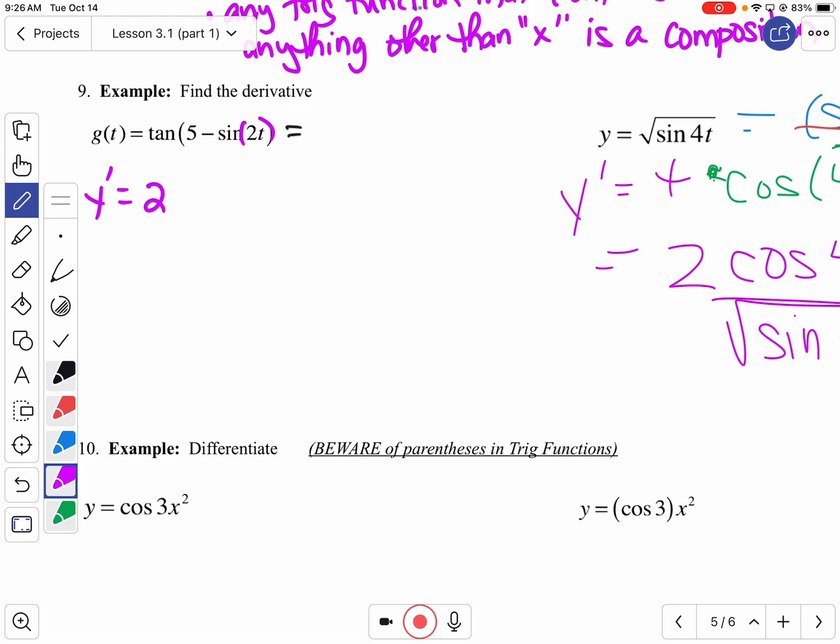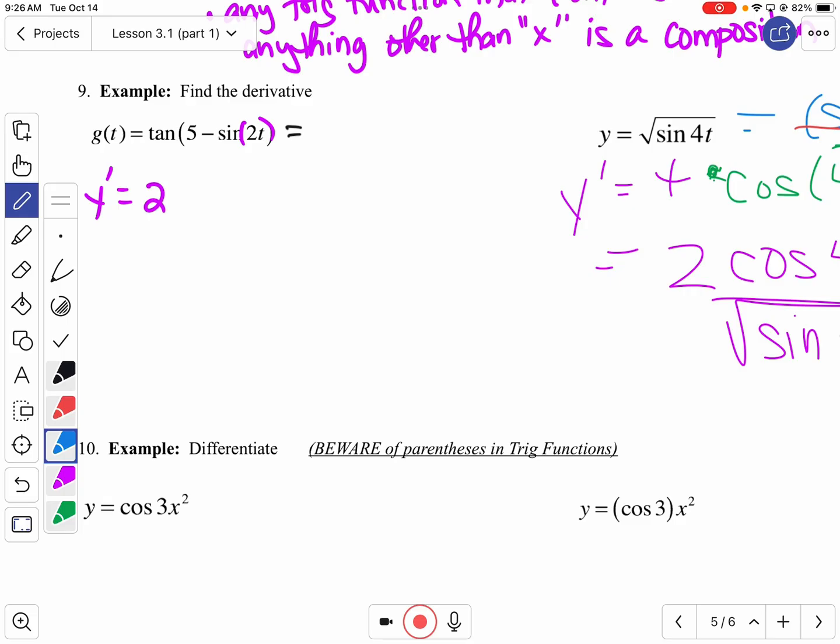Two. Okay. The next most inside thing, all right, is that sine. And the reason it's just that sine is because what's the derivative of 5? It's just nothing, right?